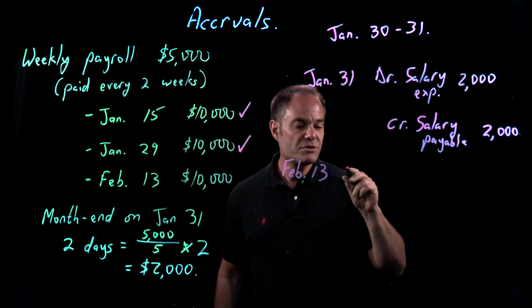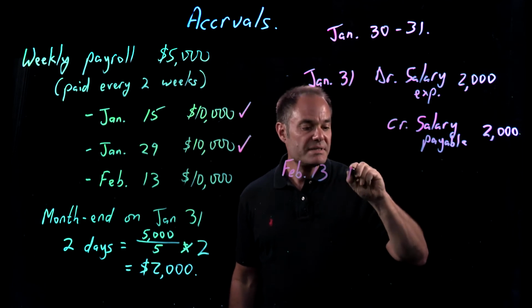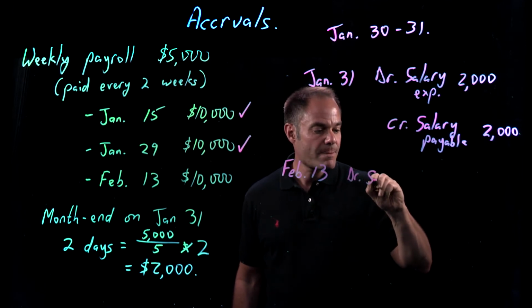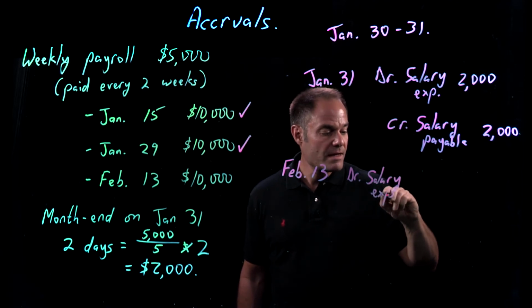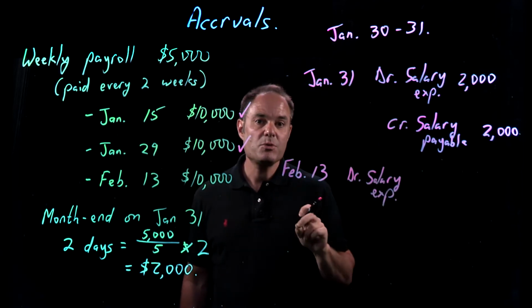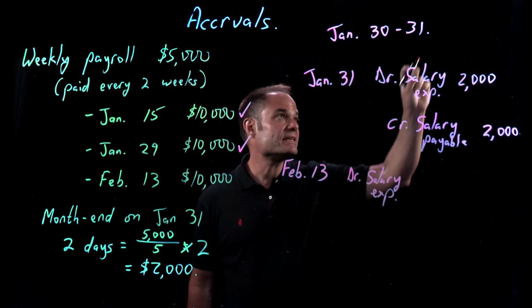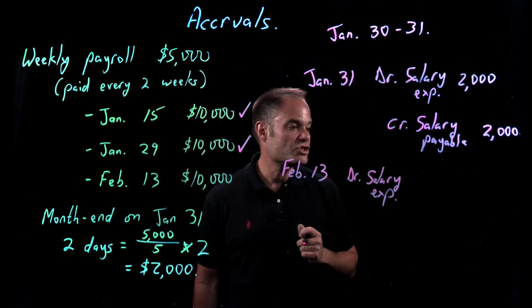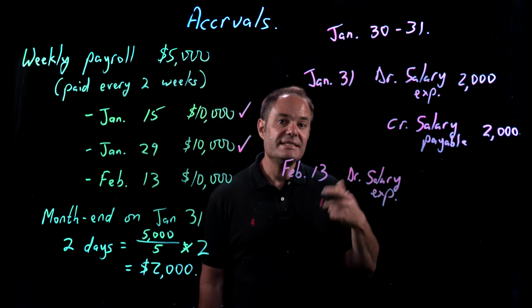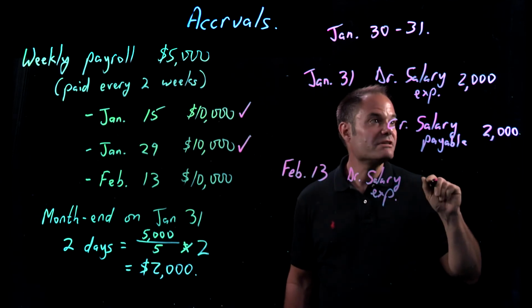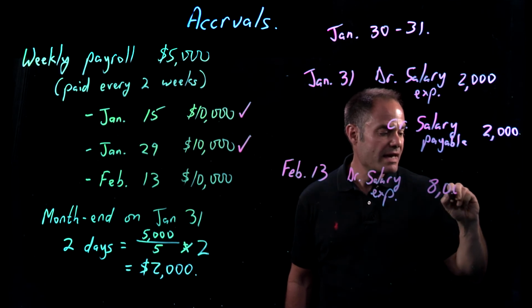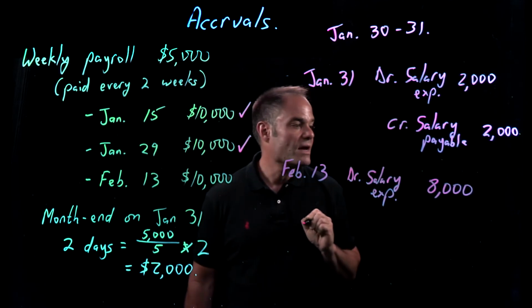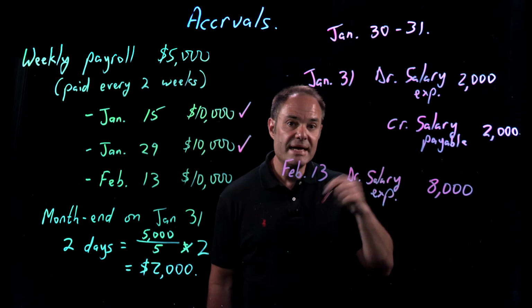So on February 13th, we're going to debit salary expense only for the days that were worked in February, of which there'll be 8 work days if we assume that 2 work days were worked in January. And 8 work days at $1,000 a day means that salary expense for February is going to be $8,000.